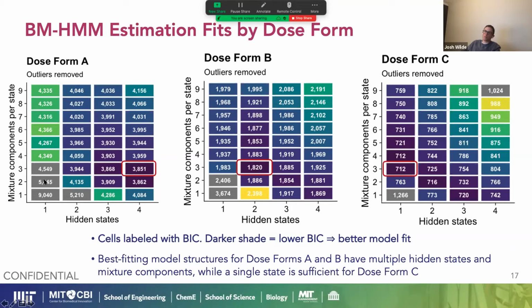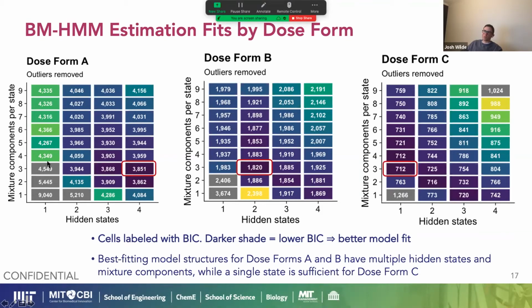If you allow for an extra mixture component, which you can think of as adding the ability to have a bimodal distribution describing the adverse event rates as opposed to a unimodal distribution, then your Bayesian information criteria improves by a very substantial amount.